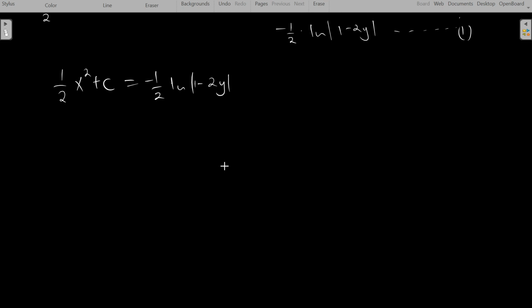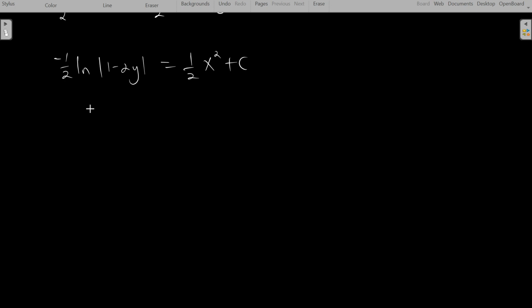Now rearranging, negative a half ln of 1 minus 2y should equal a half x squared plus c. Now multiply through by negative 2.